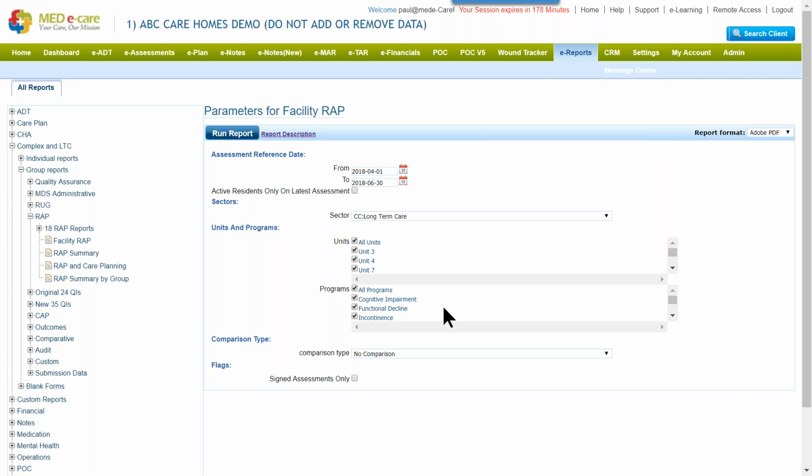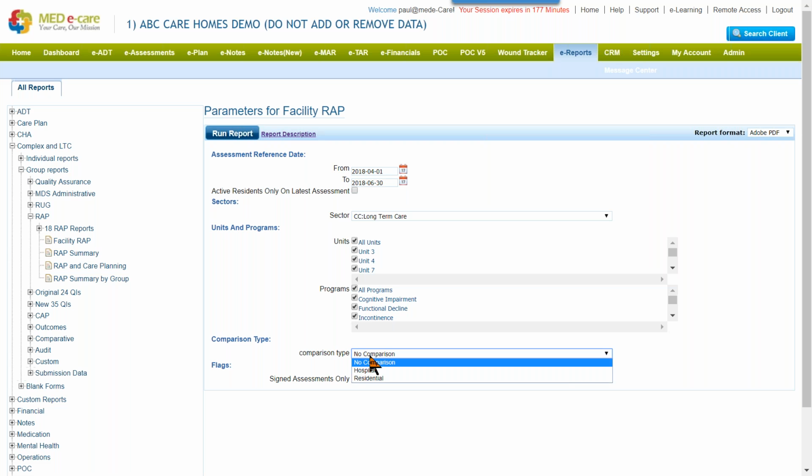It's pretty easy. That allows me to look at people with dementia. I could look at my short stay people, my respite people. You know, if I have a palliative program, I may want to look at people and report on their data for people in palliative program.